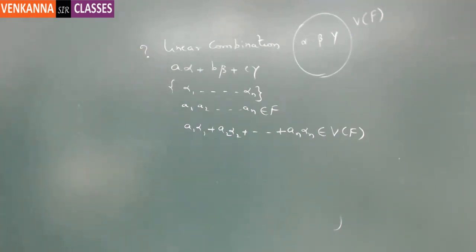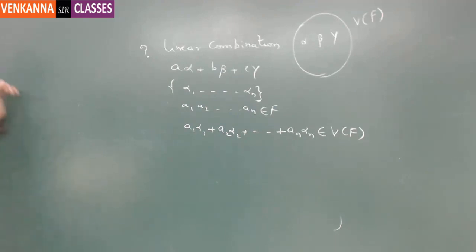The term linear combination is typical because if you take alpha 1, alpha 2 as 2D vectors, then this simplification is nothing but a line. So a linear combination gives a line geometrically. That's why the very word is given as linear combination. So if you simplify this expression, it is going to give us a line.